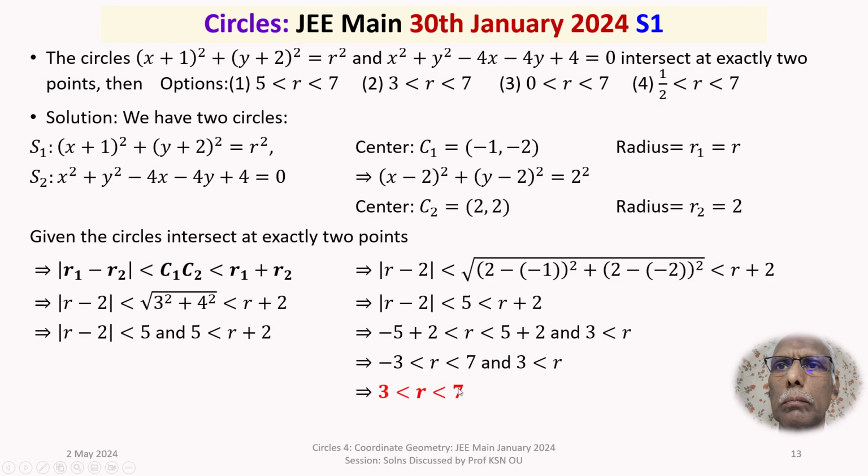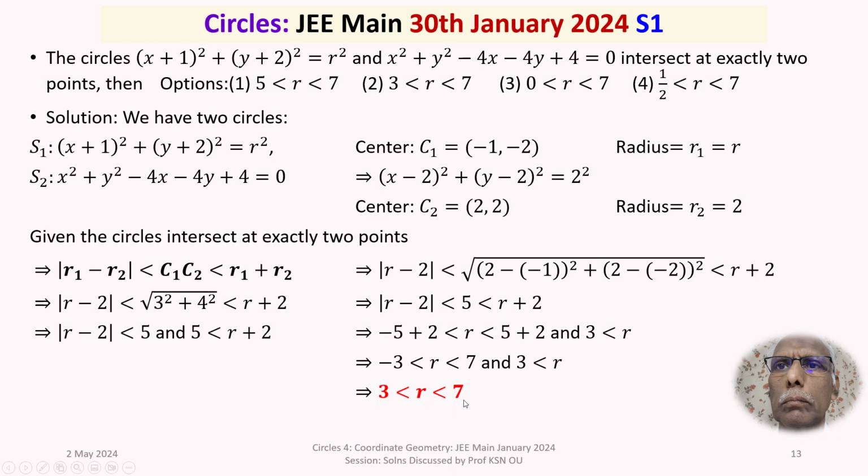You can also write this as r belongs to the open interval (−3, 7), and 3 < r means r belongs to the open interval (3, ∞). So the intersection of (−3, 7) with (3, ∞) is the open interval (3, 7), that is 3 < r < 7. You can do it like that also.